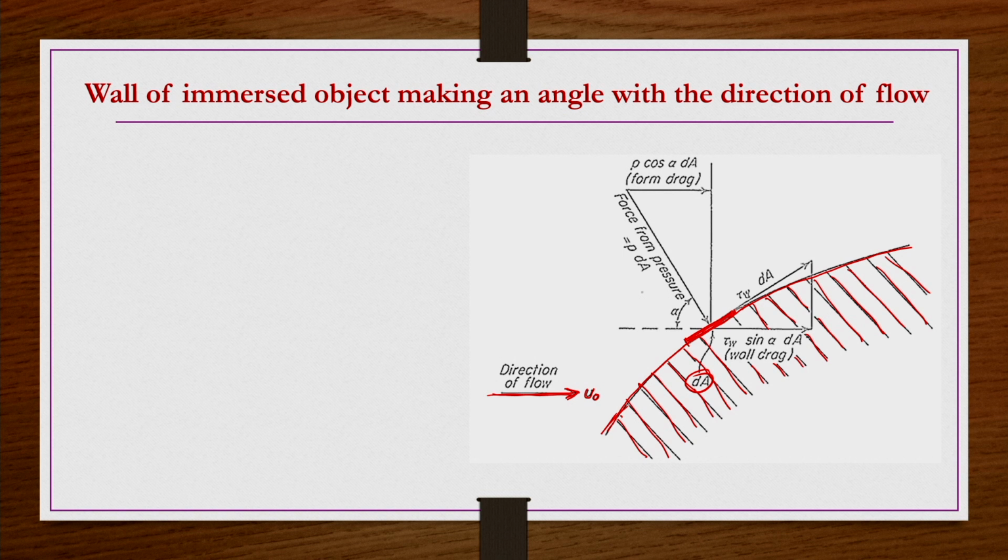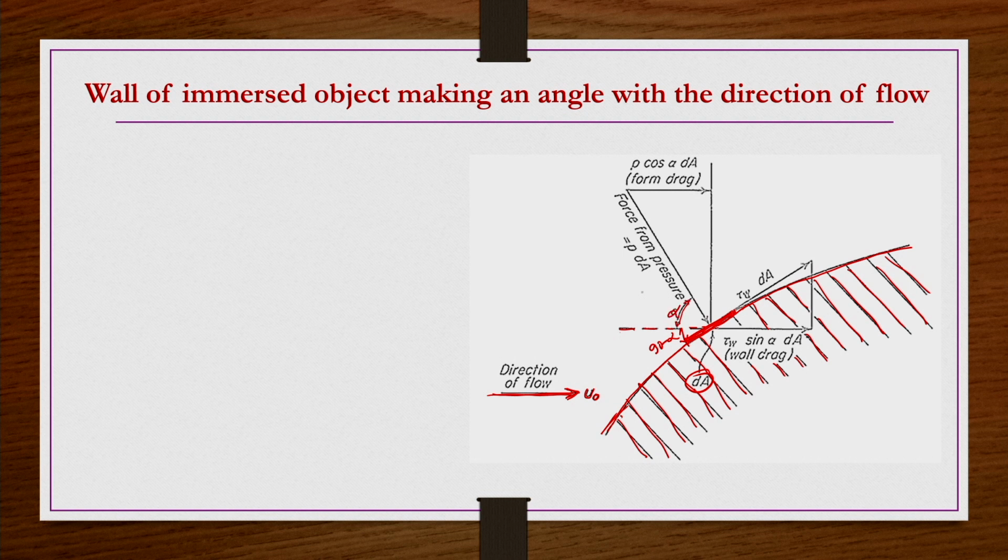That force, if we take its component in the flow direction, is the drag force. This element makes an angle 90 minus alpha with the flow direction, and if you have this dotted line in this direction, this angle would be alpha.